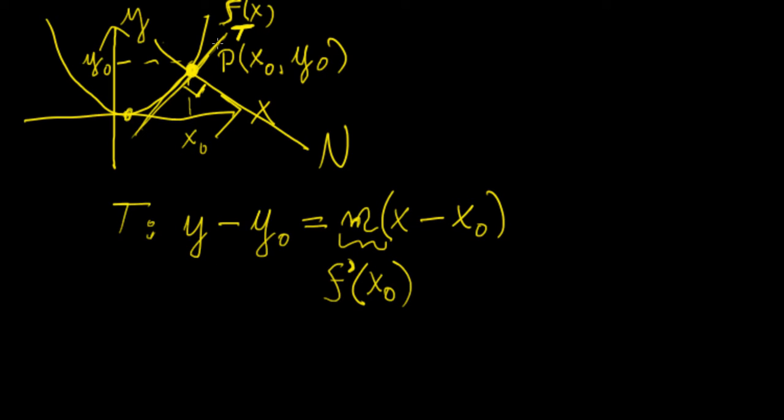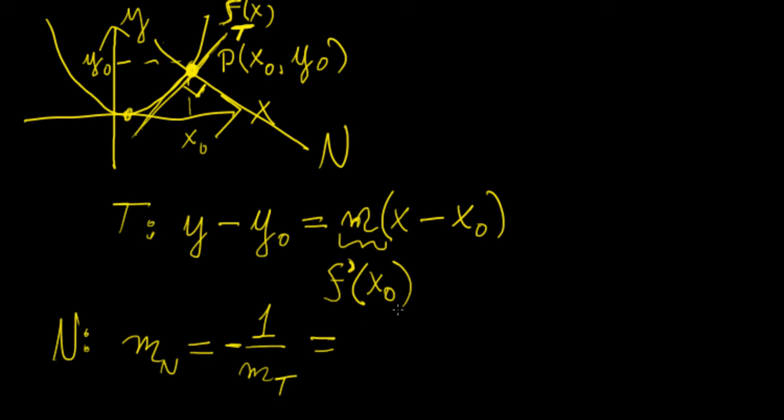So now, what about the normal line? Well, the normal line is going to be defined as follows. Because it is perpendicular to the tangent line, we know that the relation between the gradient of the normal line and the tangent line should be the following. Perpendicular lines have this relation between the gradients, so it should be the negative reciprocal of that gradient. And what is the gradient of t?